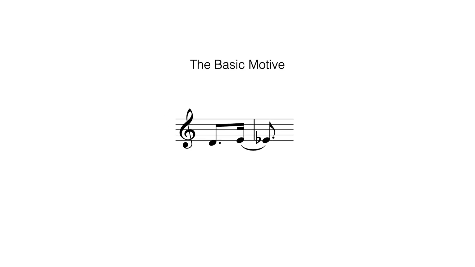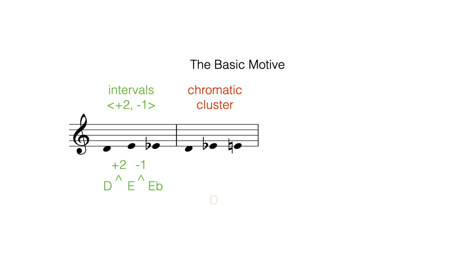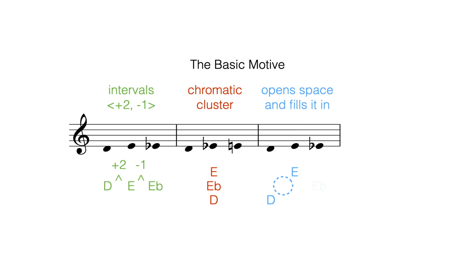Let's take the first 3 notes, D, E-flat, E, as a basic motive, describing intervals +2, -1. It occupies a small cluster of semitones, D, E-flat, E. It opens a space, then fills it in.